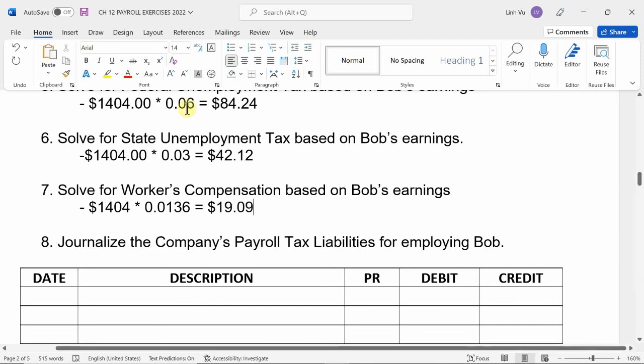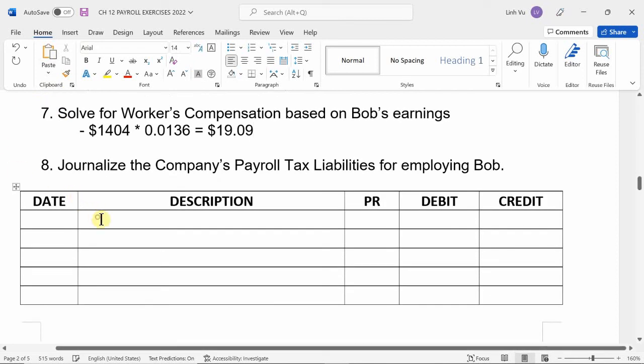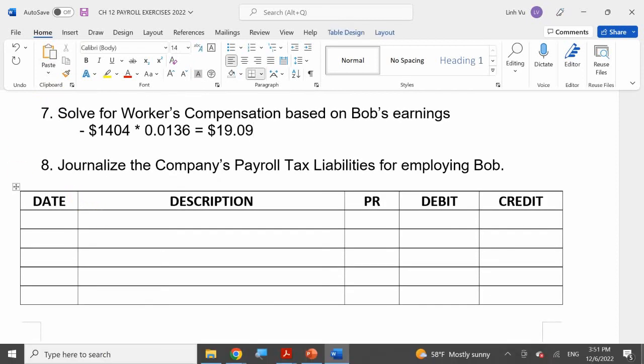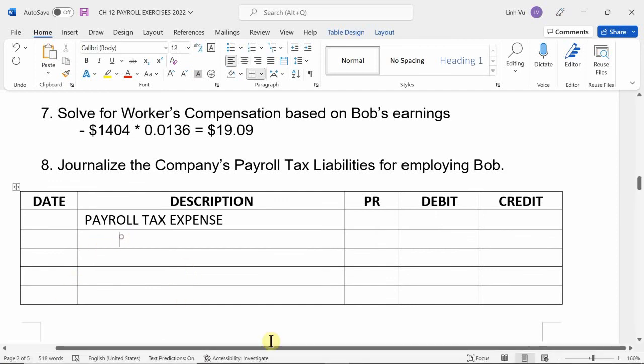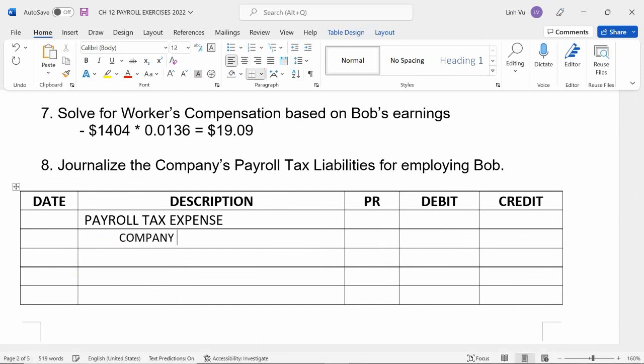Okay. So now, once again, these are the payroll tax expenses that the company is responsible to pay for, which is going to include company FICA, okay, for a total of that $107.41.